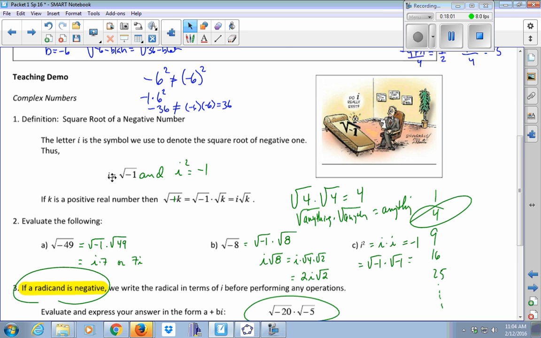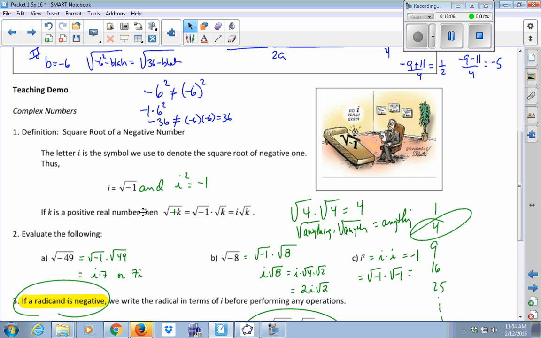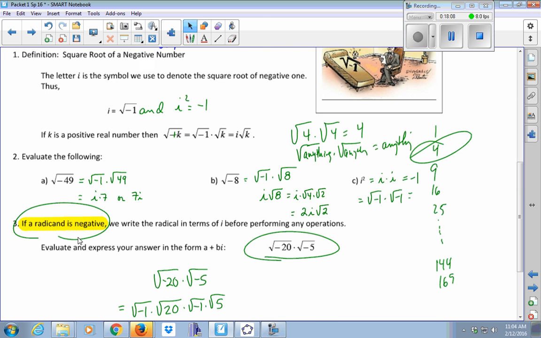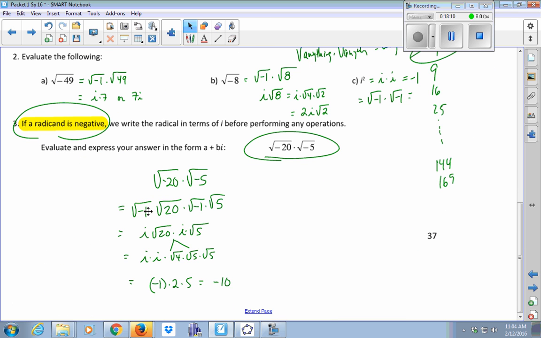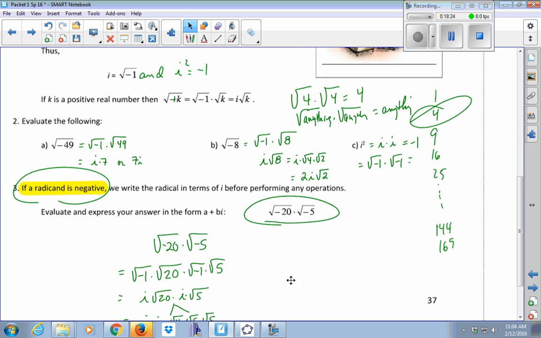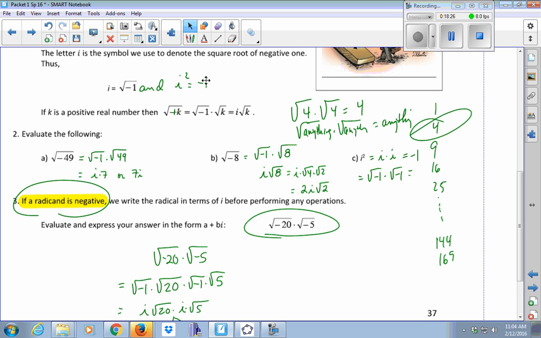You have to memorize that i is the same thing as the square root of negative 1. That's how we define it. So where I see the square root of negative 1, I put i. And over here, I have another square root of negative 1, so I have another i. I have two i's, and that's i times i. And i times i is i squared. And we just defined i squared to be negative 1.